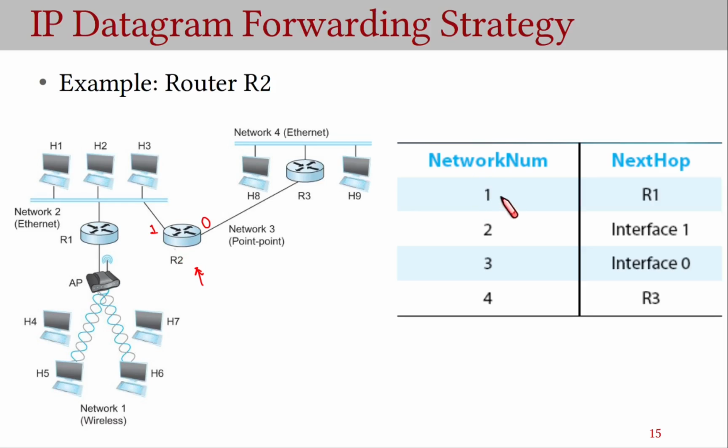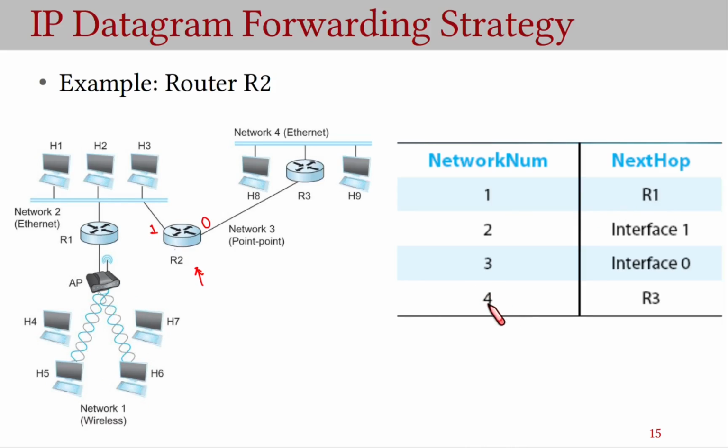However, if the network number corresponding to the destination address is 1, then it will send to router R1, because that's the way this datagram is going to reach this network.